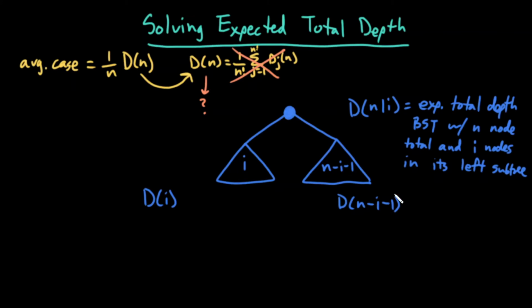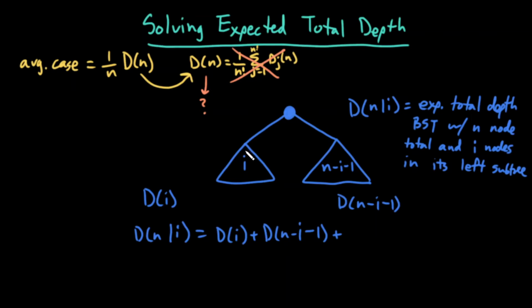If I had these two values, I could find d of n given I. It would just be the expected total depth of this subtree, plus the expected total depth of this subtree, plus I've added 1 to every single node's depth in here.